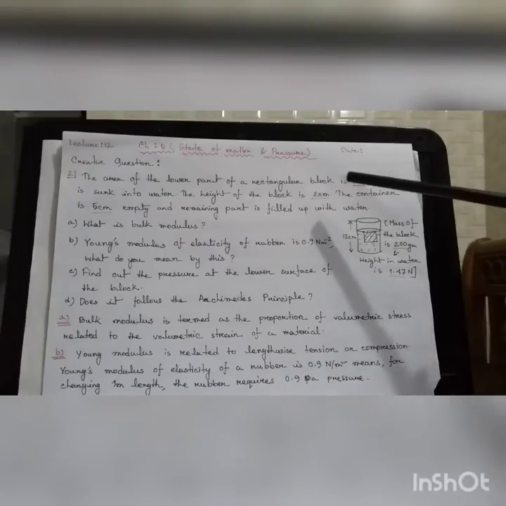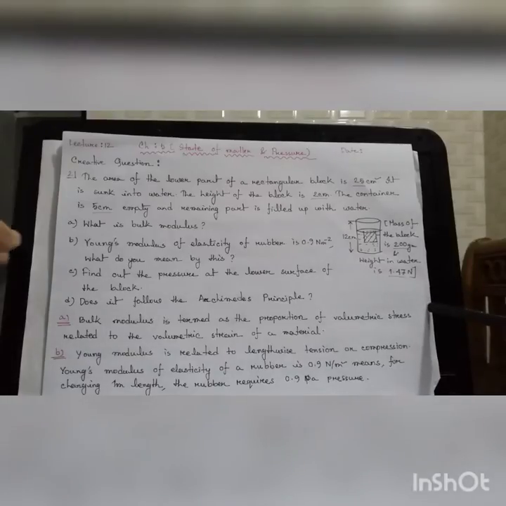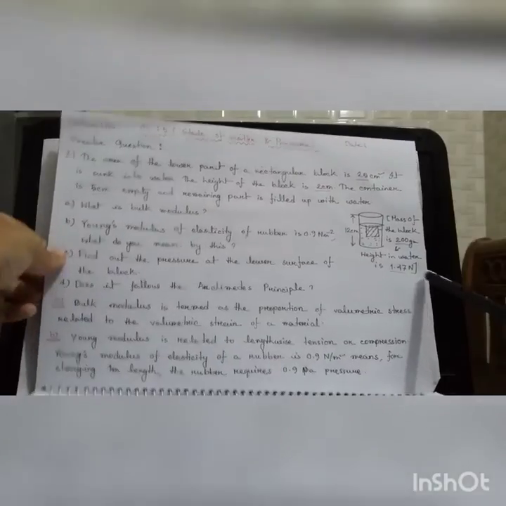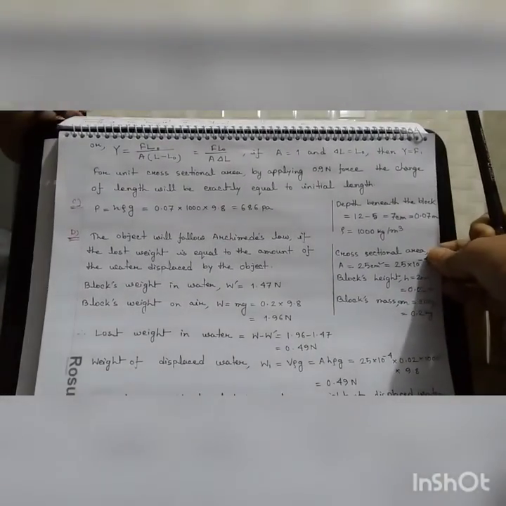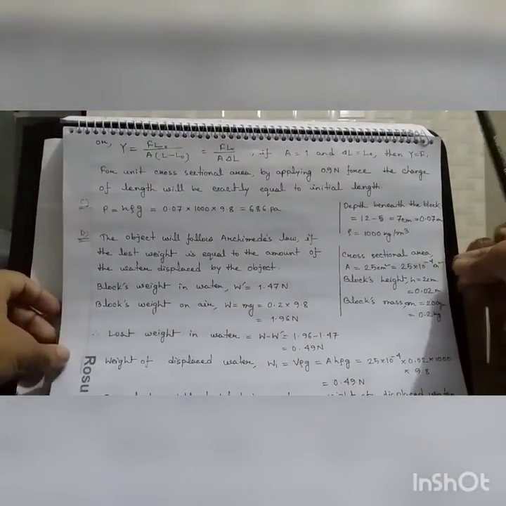So if we subtract this term, then we will get the overall height of the block. The overall height of the block is 2 centimeter, but the depth beneath the block will be 7 centimeter from our calculation, or from our diagram.